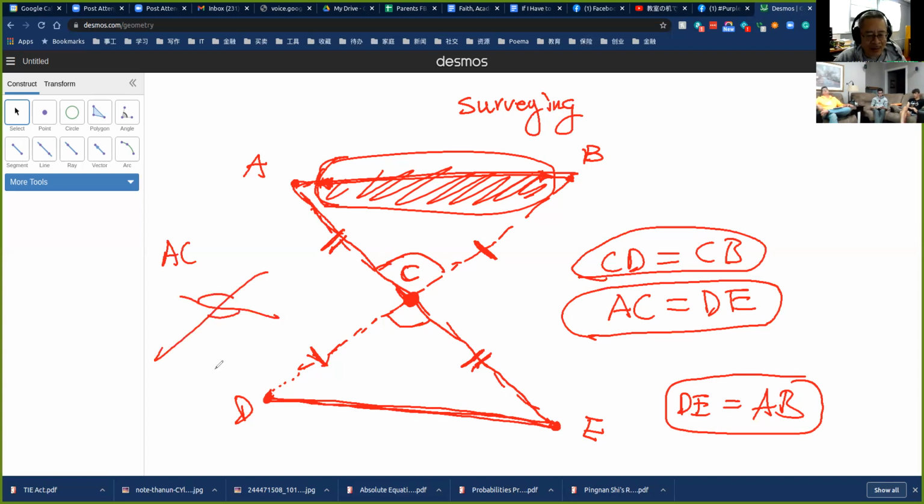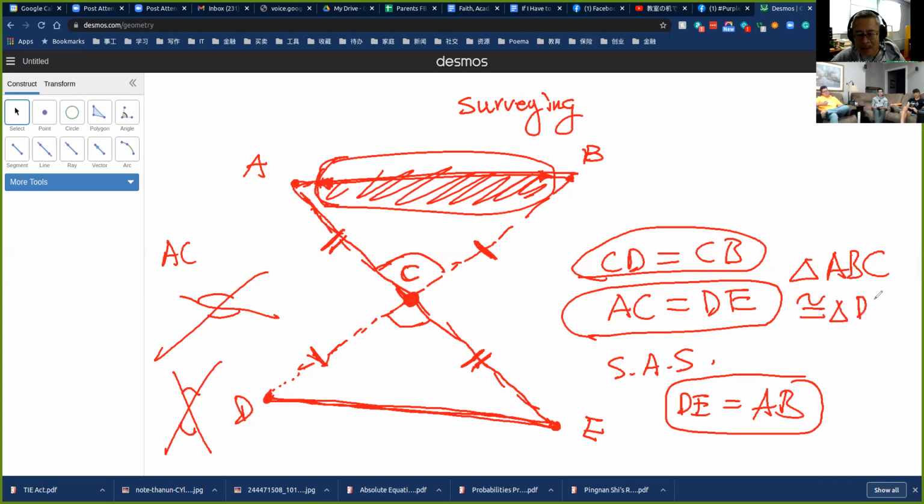Here is congruent, or you go like this, and those vertical angles are always congruent. Okay. Good. And so now we have side angle side, which means triangle ABC is congruent to triangle DEC.